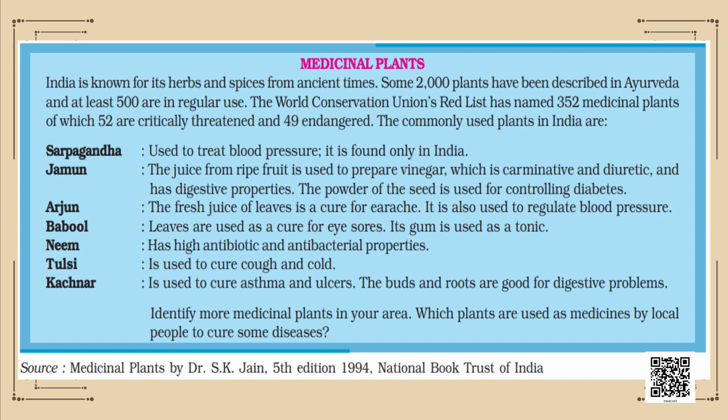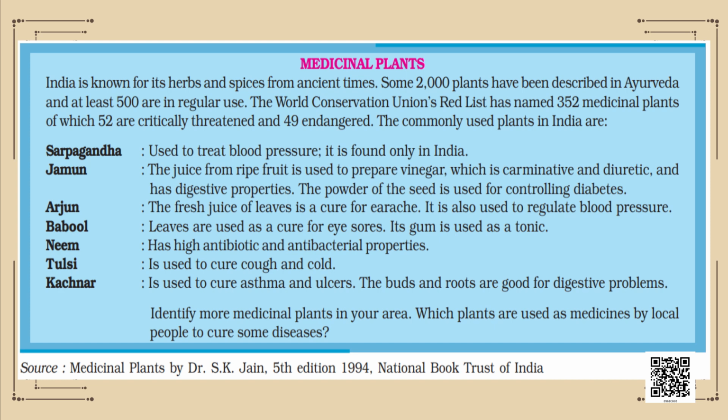The World Conservation Union's Red List has named 352 medicinal plants, of which 52 are critically threatened and 49 are endangered. The commonly used plants in India are Sarpagandha, which is used to treat blood pressure. It is found only in India.